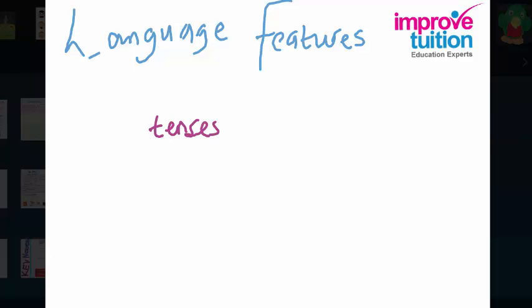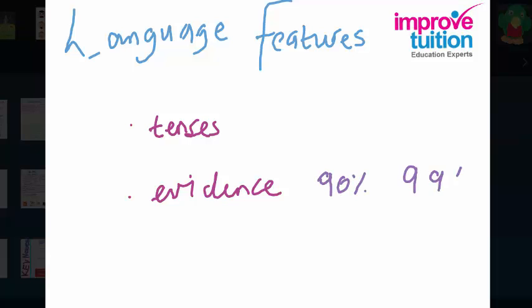Now, support the reasons with evidence. Whatever point you make, you've got to support it with evidence. This could be numbers, so you could say 90% of people, or 99% of people. I wouldn't use 20%, by the way.